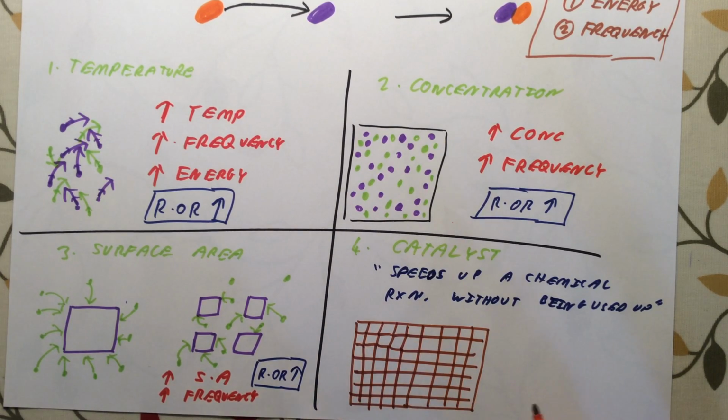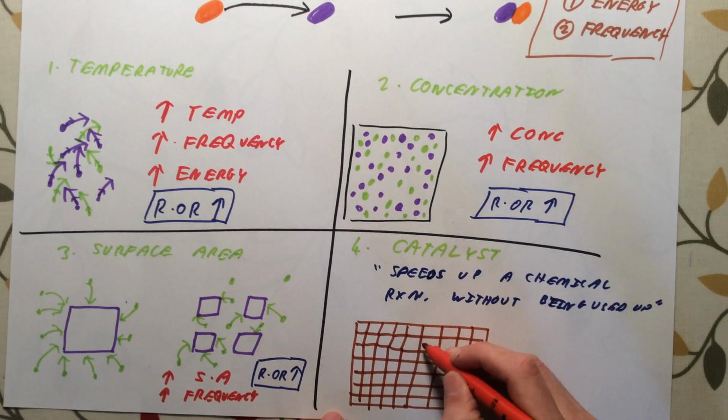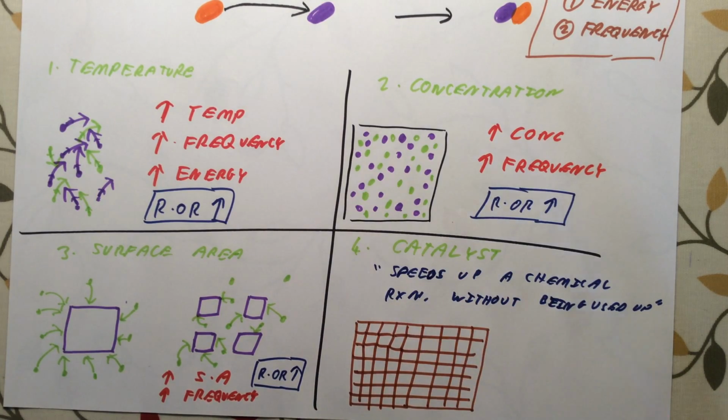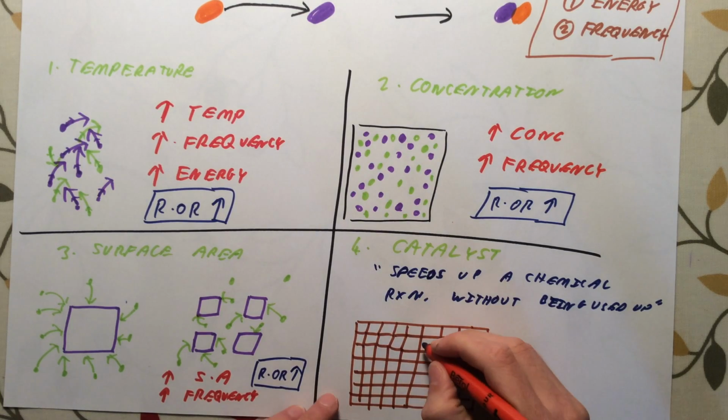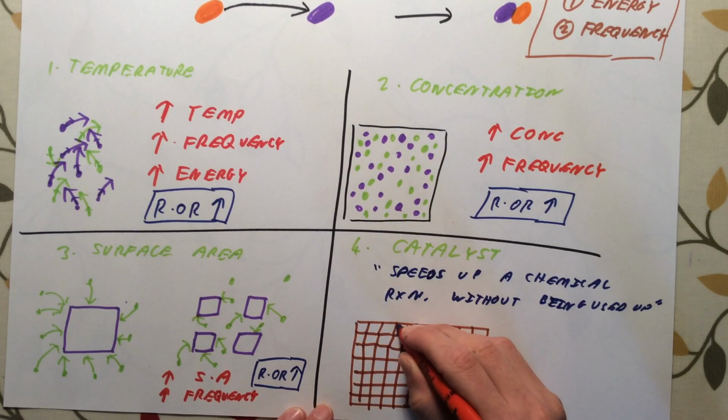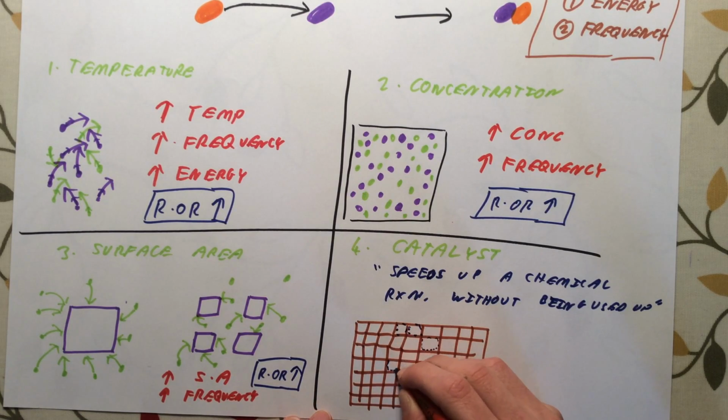So it's a block where air can flow through, but it is honeycombed. And on the surface of all of these little sections here, you've got your catalyst coated in here. So in every single one of these blocks, you've got catalyst coating the surface. And what this does is it provides an extremely large surface area for the reaction to take place on.